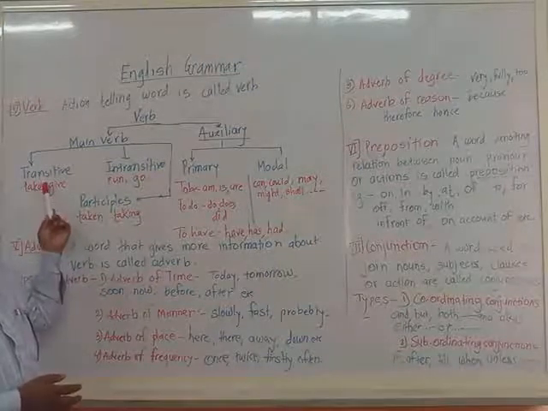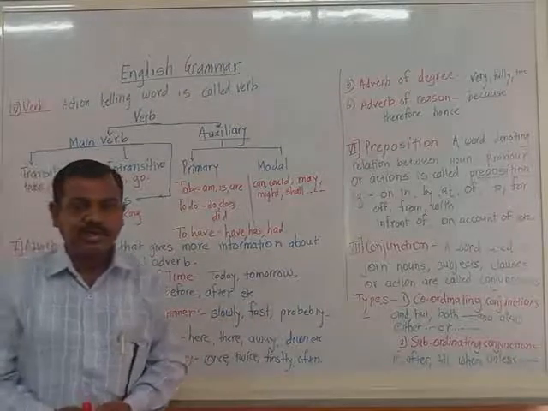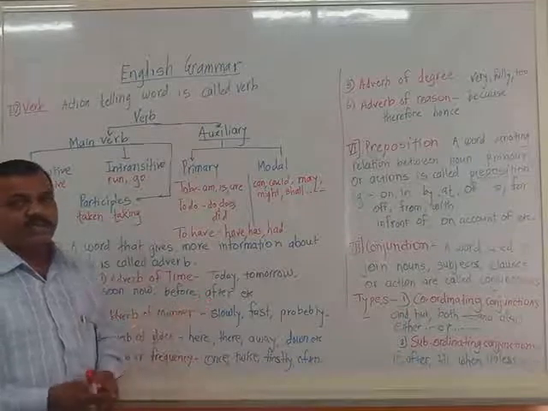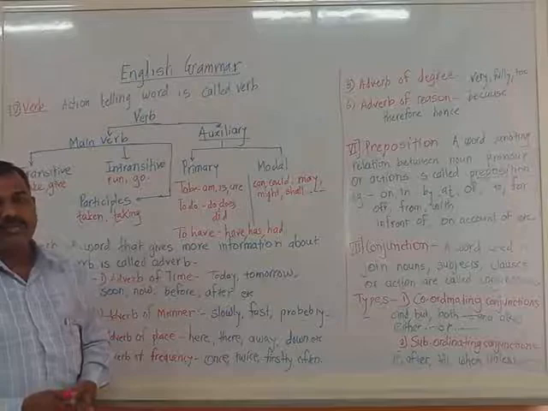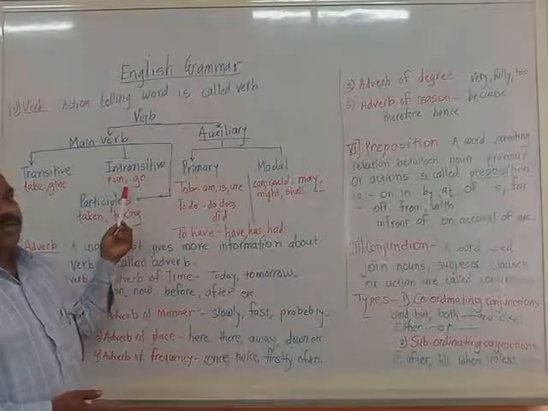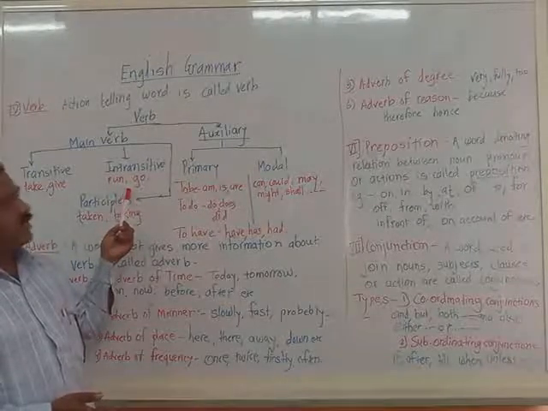That's why it is transitive. Intransitive does not need an object. If I say I run, the meaning is completed. What do I run? The question is answerless. That is why the verbs that form a sentence without objects are called intransitive.